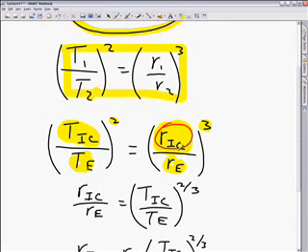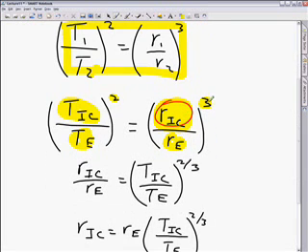Okay, so to do that, again, we take both sides to the 1/3 power, or take the cube root of both sides. So we get the ratio, the radius for Icarus over the radius for Earth, equals the period of Icarus around the Sun over the period of Earth around the Sun, that raised to the 2/3 power.